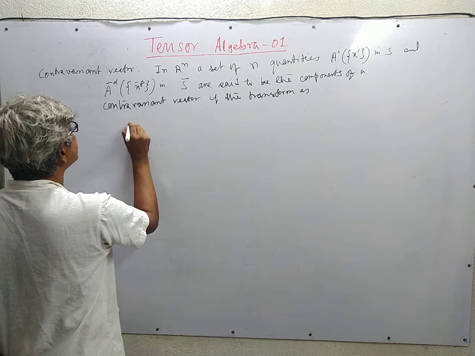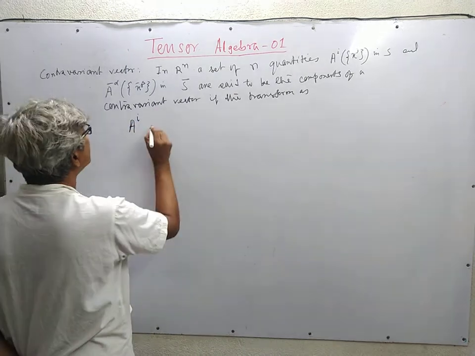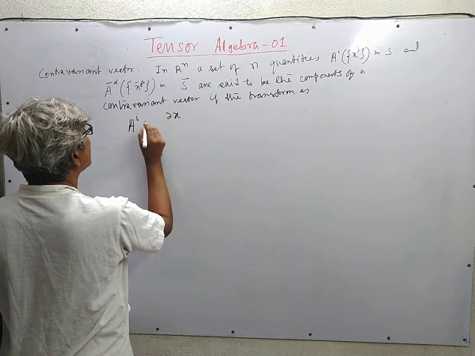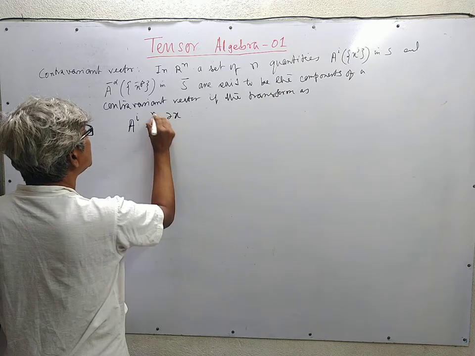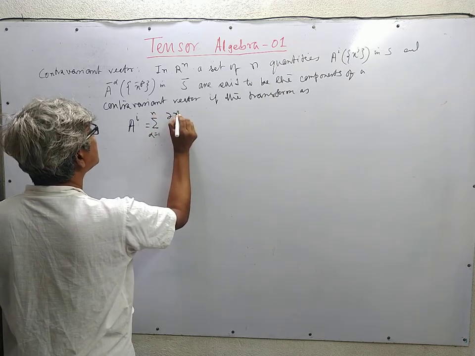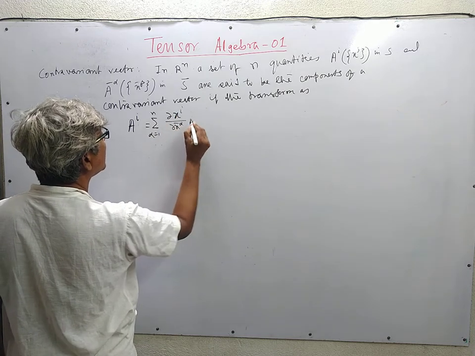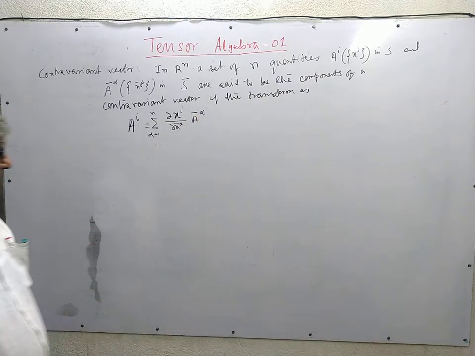Well, this is the definition, a^i, which is a function of all these things, but the sum over alpha is there.